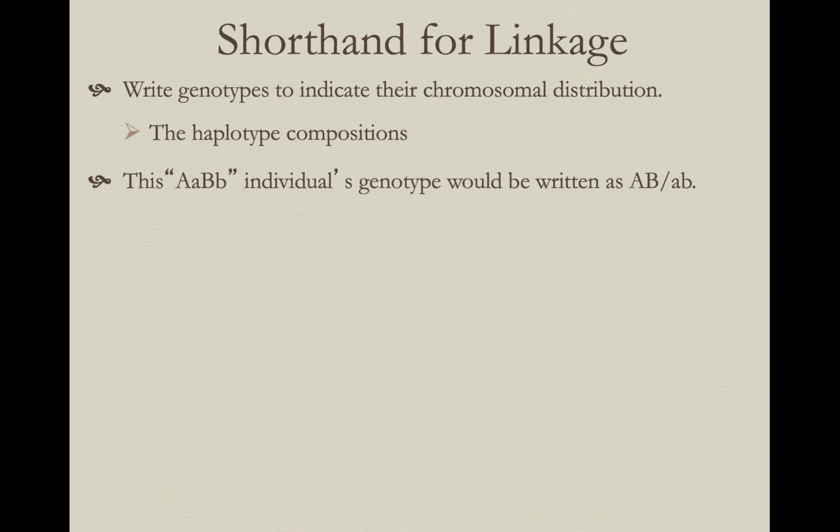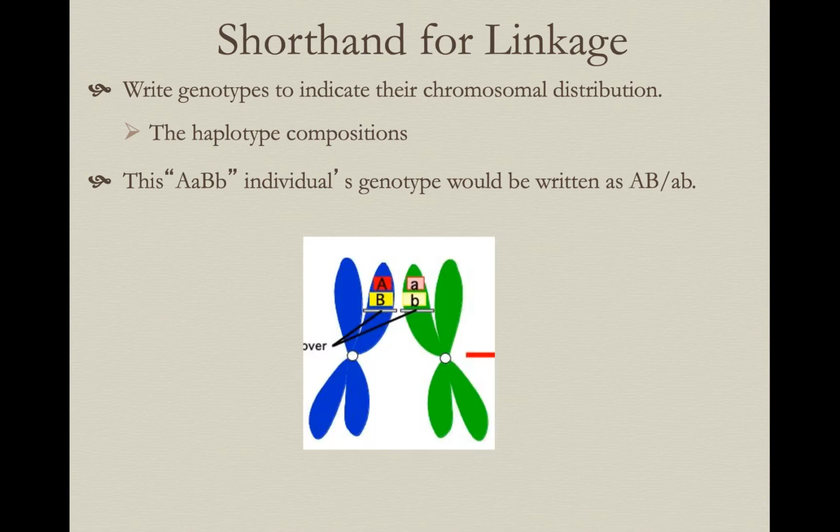The individual that I was introducing to you before, by just the gene loci and whether they were homozygous or heterozygous, was heterozygous for both A and B. But if you're going to rewrite this based upon the allelic combinations on each haplotype, then we would write it as big A, big B / little a, little b. So that would represent this situation. One chromosome has both the big A and the big B. The other chromosome has the little a, little b.